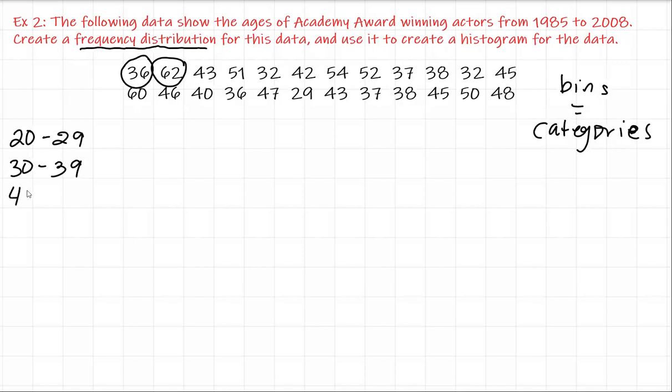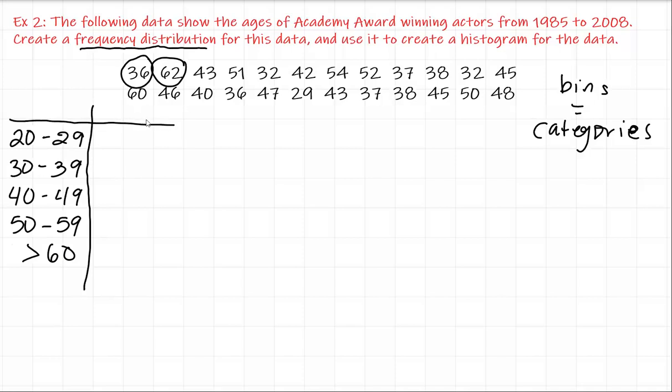And then here we'll have 40 to 49, 50 to 59. And then 60, we can just say 60 onward. So we can say greater than 60. So here are our classes, our intervals. And so now we need to make the frequency. So classes or bins, frequency.